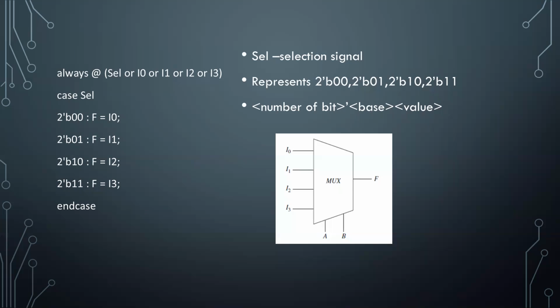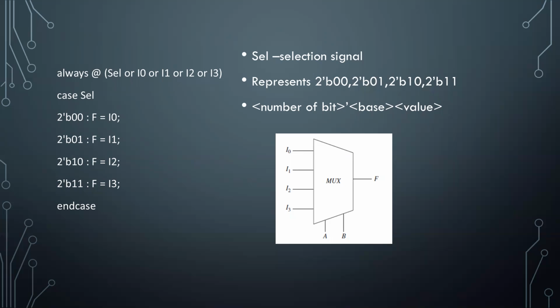Then we write always at SEL, the select pin, I0, I1, I2, and I3. Those are the input pins. Our case expression is the selection signal, so we say case SEL.